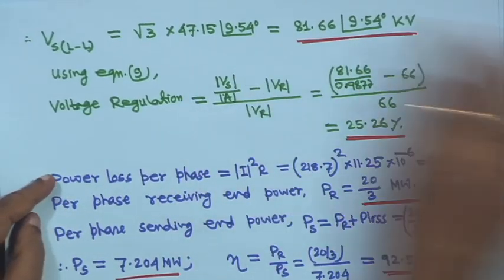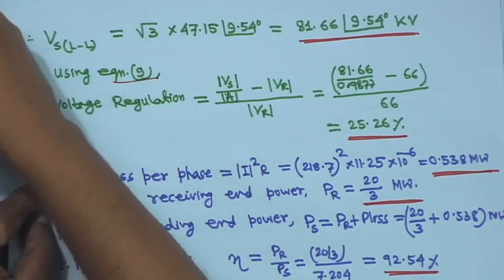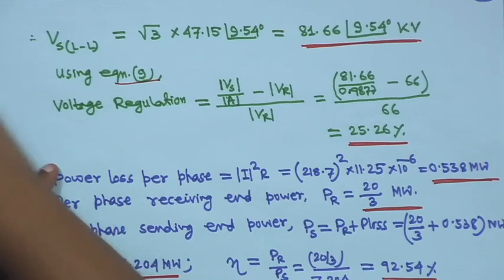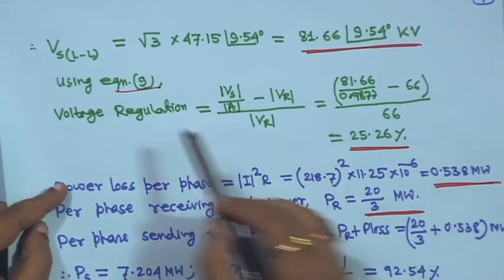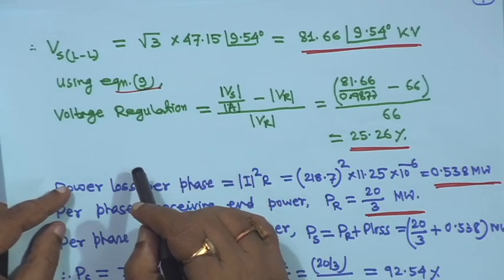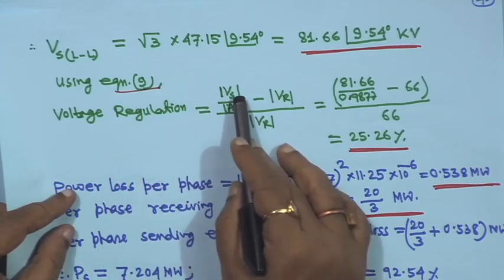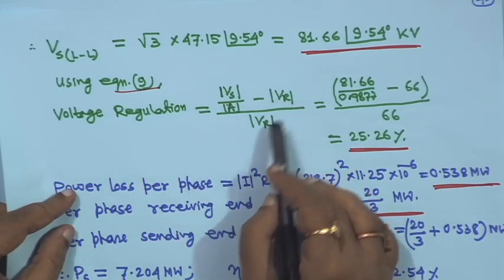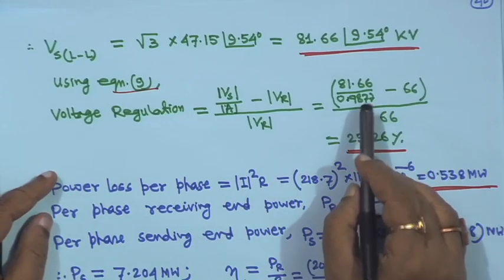So, using equation 9, when charging capacitance was not considered, at that time it was Vs minus Vr upon Vr, because for the short line A is equal to 1, but here it is not. So, using equation 9, it is mod Vs upon mod A minus mod Vr upon mod Vr. Mod A you can easily calculate.